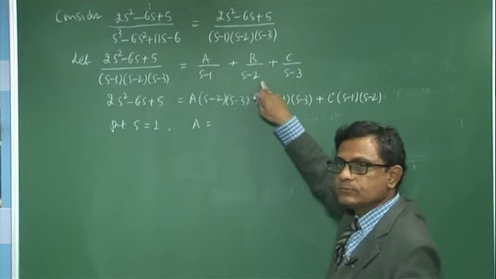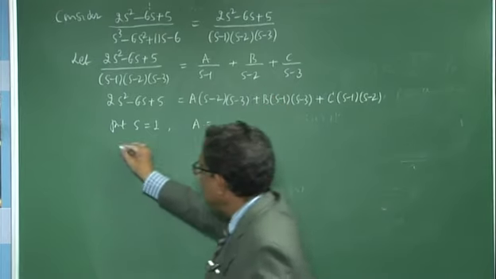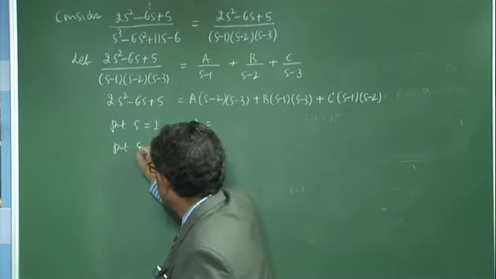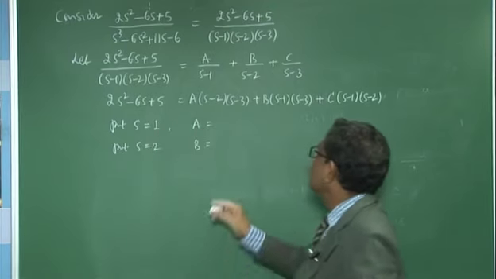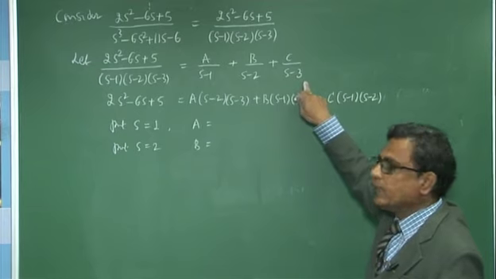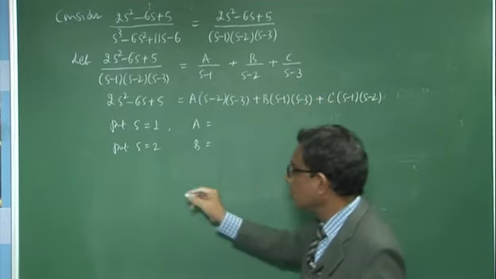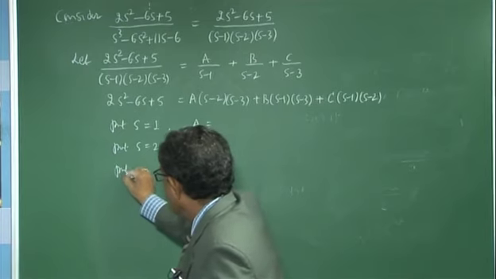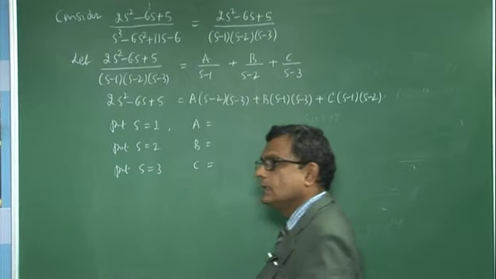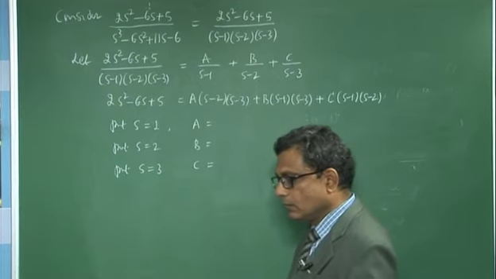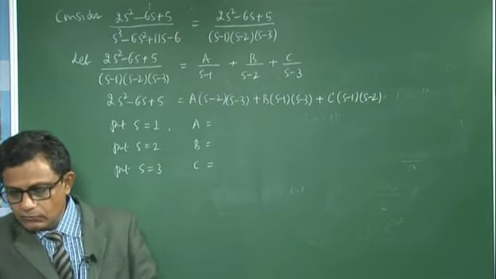B divided by (s minus 2): s minus 2 equal to 0, then put s equal to 2, and you will get the B value. Then C divided by (s minus 3): s minus 3 equal to 0, so put s equal to 3, and you will get the C value. Now we can easily find the constant values.